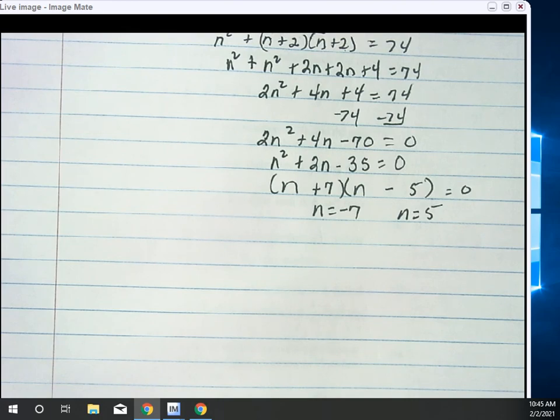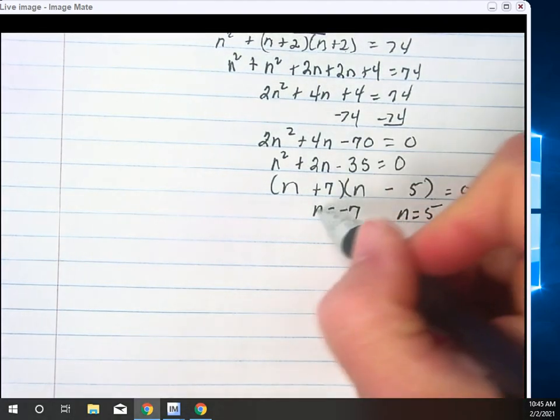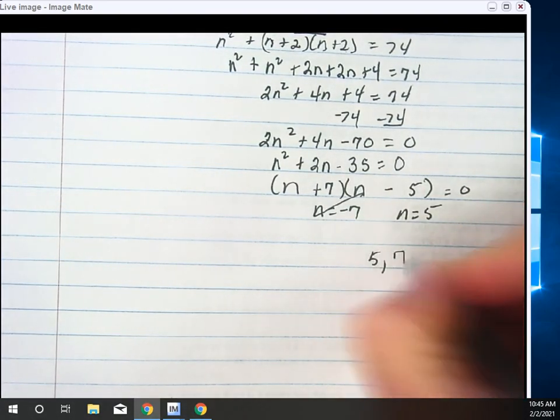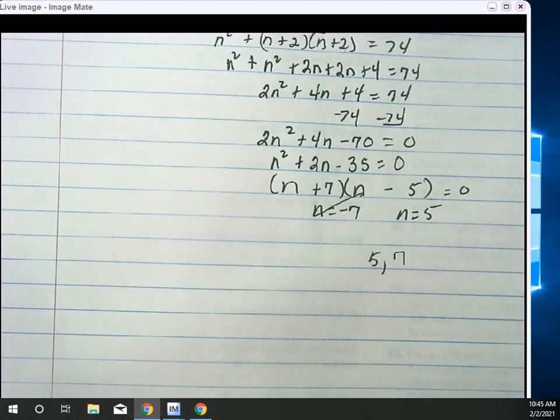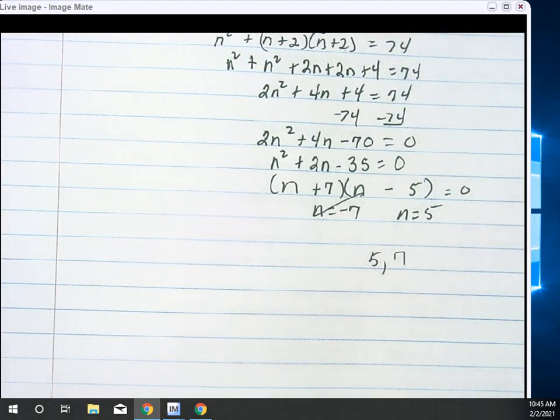By definition, whole numbers are not negative. Okay, so that one doesn't work. So 5 and 7. Yes. 5 and 7. So all of those little things you've got to remember.